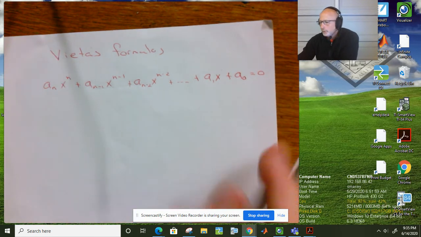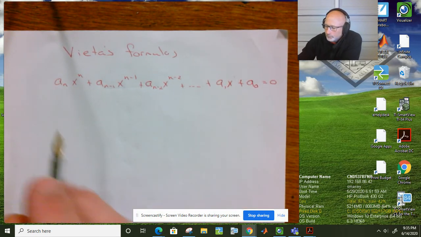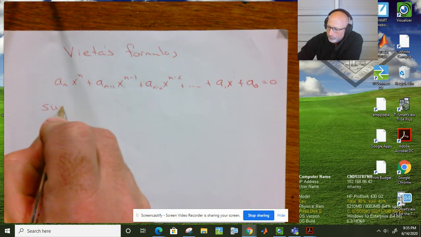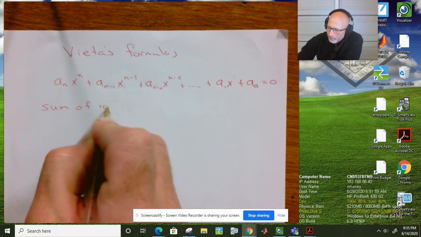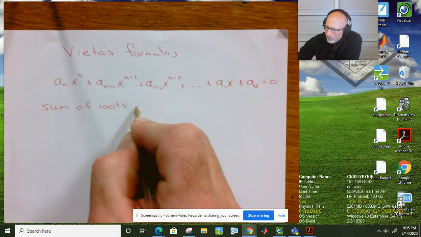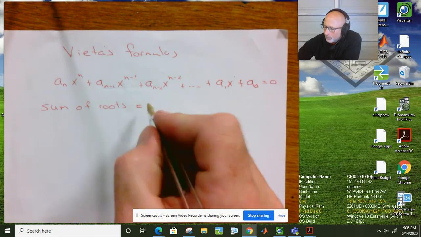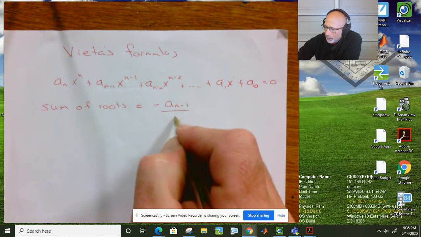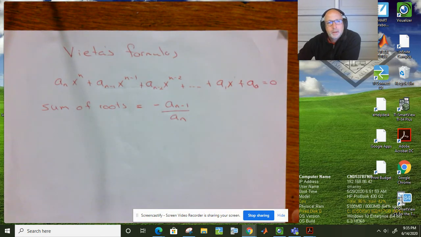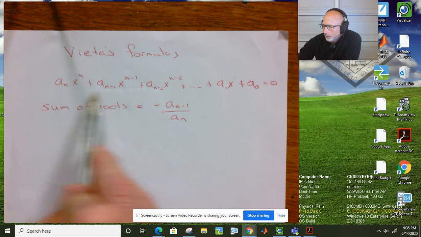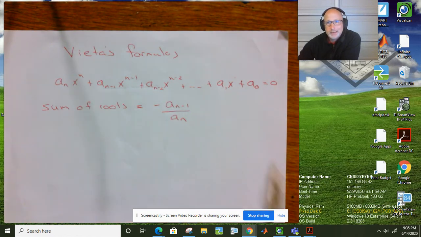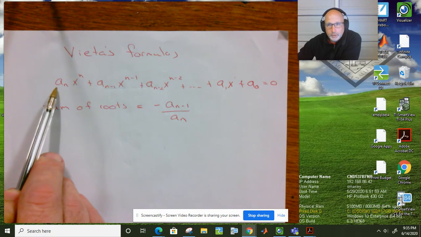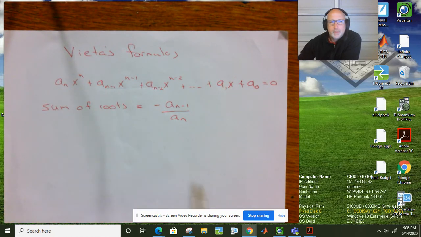So here's what I know: the sum of these roots is given as negative a_(n-1) all over a_n. So whatever this polynomial is, all I have to do is take the negation of this coefficient and put it over this coefficient, and it gives me that value.